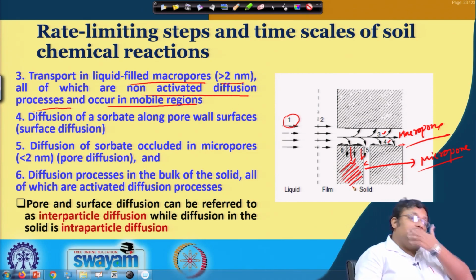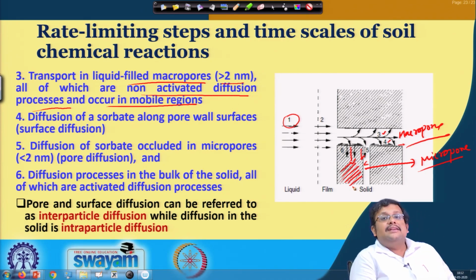So, pore and surface diffusion. We can see here there is macropore diffusion, another is macropore surface diffusion, another is micropore surface diffusion, and finally, we get the bulk solid diffusion.